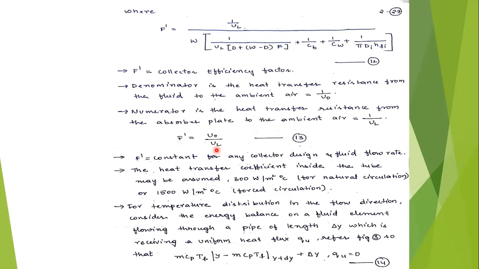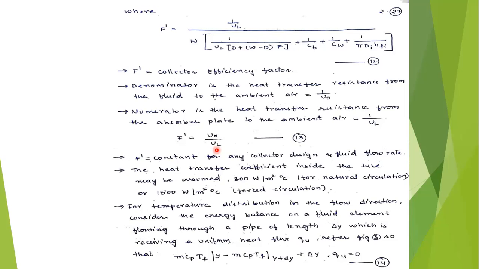Now the fluid distribution in the tubes. For the temperature distribution in the flow direction Y, we consider an energy balance on a fluid element flowing through a pipe of length delta Y, receiving a uniform heat flux Qu, as shown in the next slide.